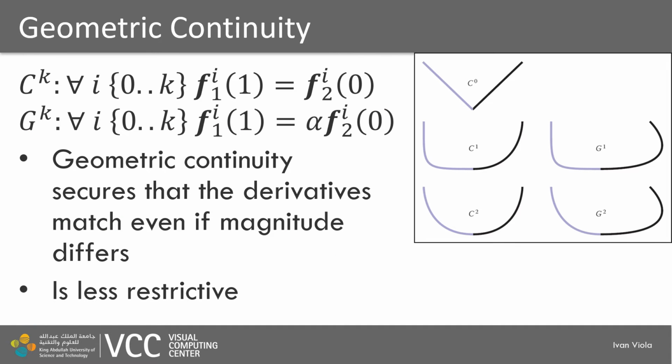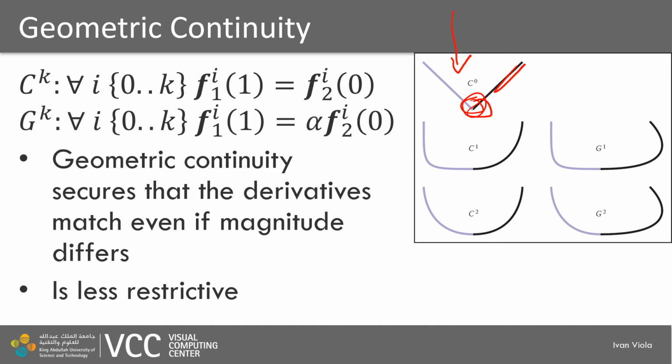We can observe several examples of continuity in this image. So this will be C0 continuity because there is a discontinuity, obviously, in the first order derivative of these two linear segments. One has the value minus 1, while the other will likely be 1 as a derivative for this line segment.